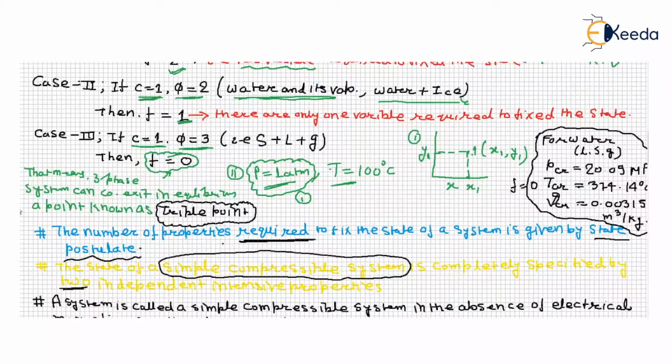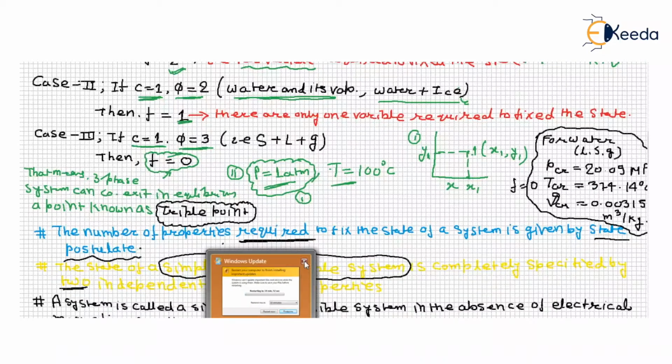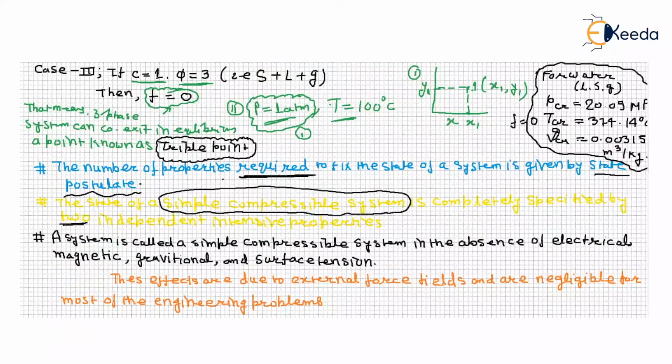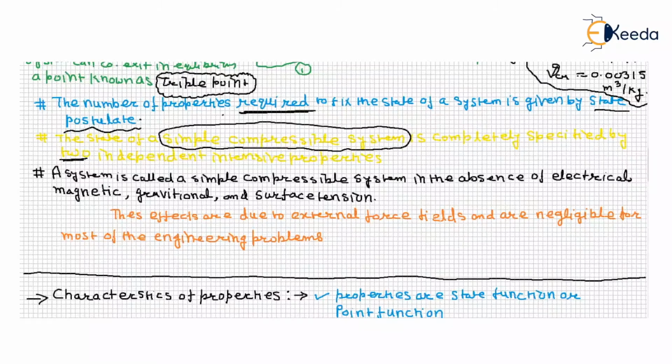A system is called a simple compressible system, right? Now what is the simple compressible system? Here is the definition.